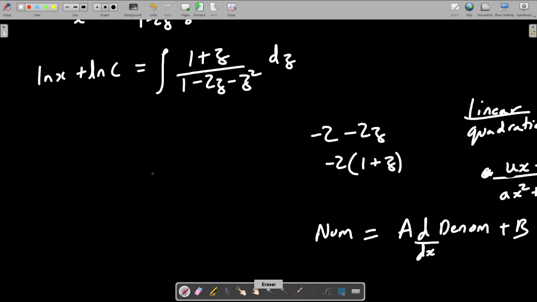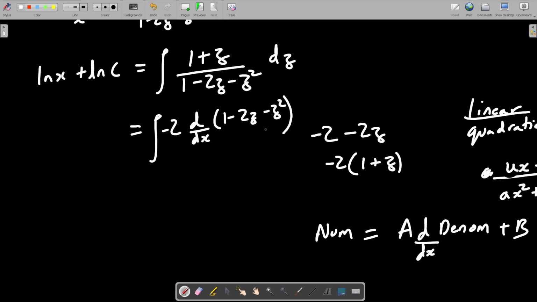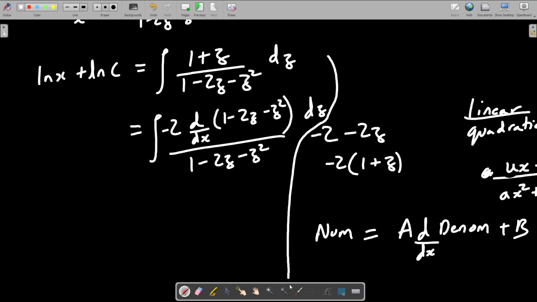So now what I will be saying is, this is the integral of minus 2 times d by dx of (1 minus 2z minus z square) upon (1 minus 2z minus z square) dz. Okay, so what is the integral of this?